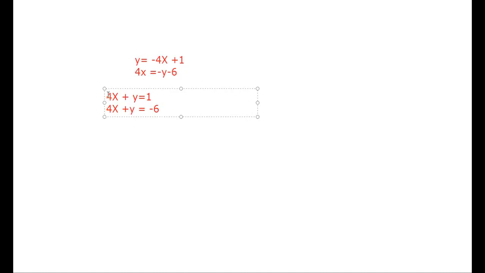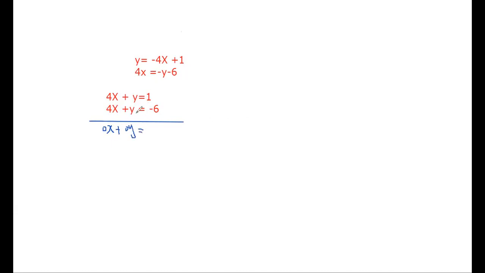Once we have the same coefficients, we have to subtract. So we subtract: 4 minus 4 is 0x, and y minus y is 0y.